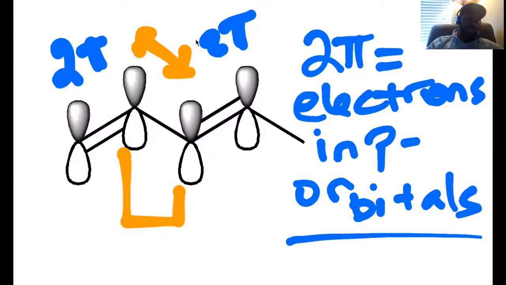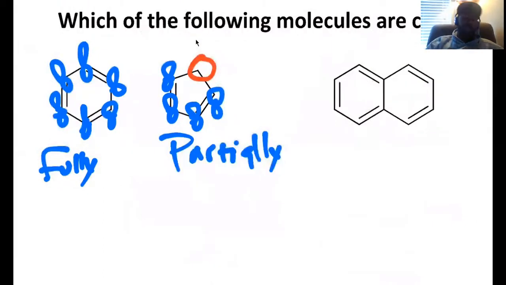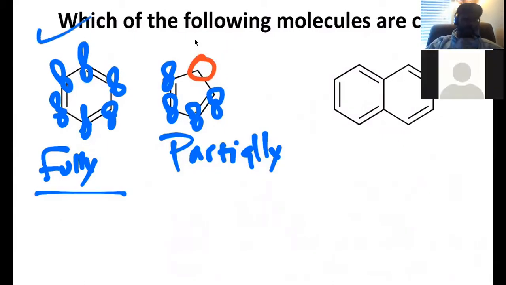Let me go back to another example, see if we can get some feedback on that. You can tell the number of pi electrons by the number of p orbitals. So what type of system would this be right here? 1, 2, 3, 4, 5, 6. So that would be 8 pi?